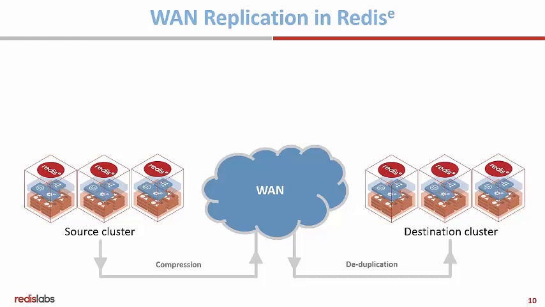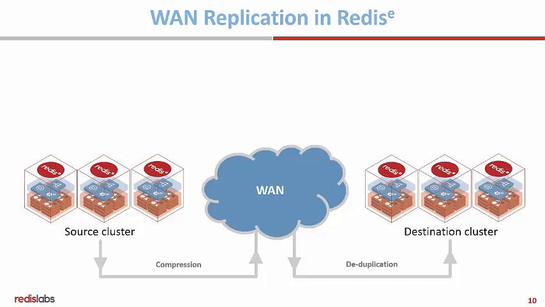So all the operations that are invoked on that source cluster get replicated over the WAN. They get compressed, and there's some deduplication logic to make things faster. And so it's asynchronously replicated over to that destination cluster. So that makes it very easy if you have the need to replicate over a WAN.